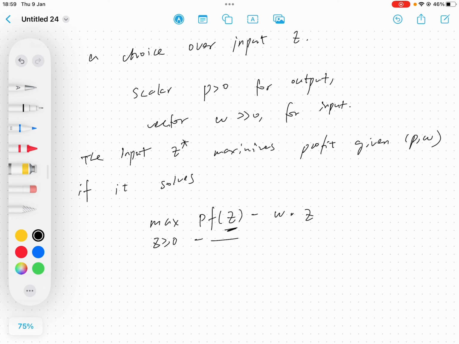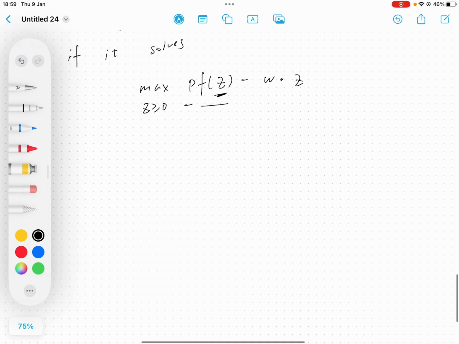And if z star is the solution, then we have some first order conditions, from the Kuhn-Tucker conditions, that must be satisfied for all the dimensions from 1 up to L minus 1.